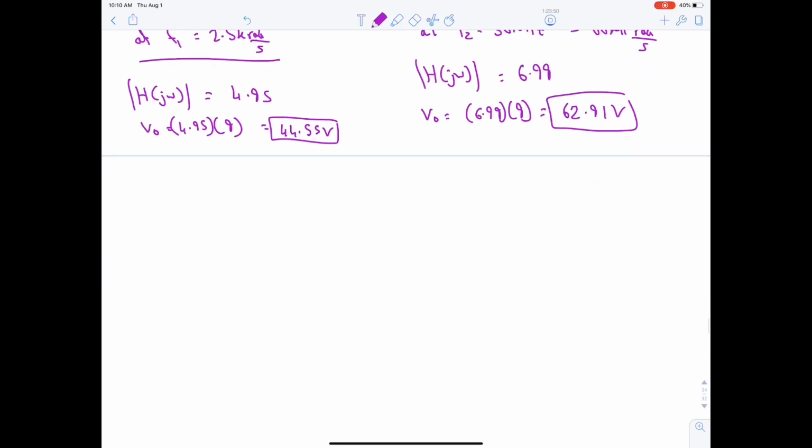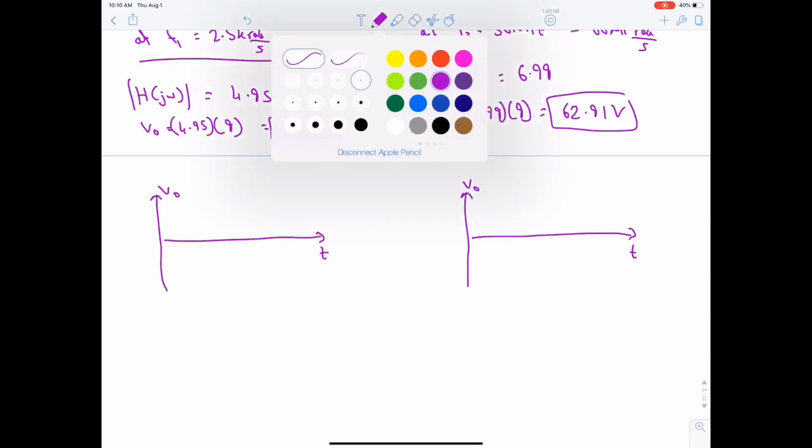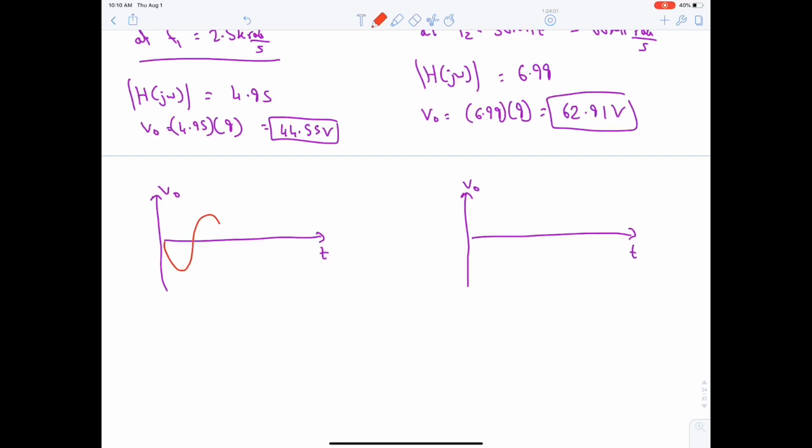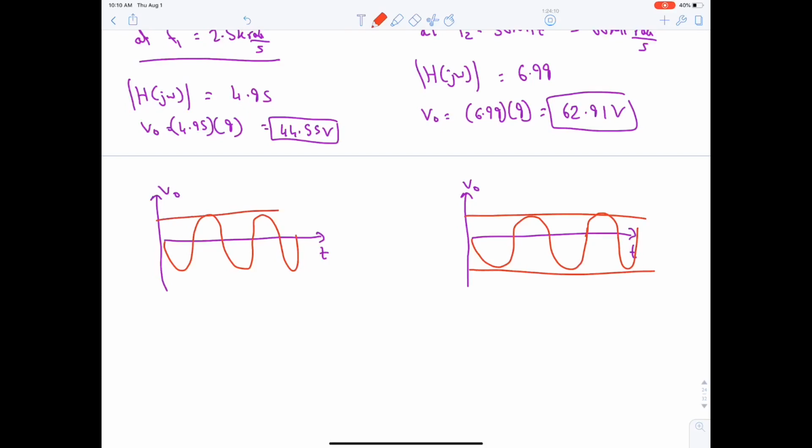Let's draw now the output. Don't forget that it has to be inverted because it's an amplifier and there's no saturation, so it will be just like this. Peak values: here it's 44.55 and minus 44.55, 62.91 and minus 62.91. That's it.